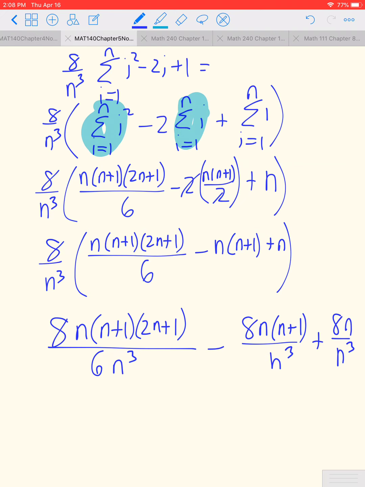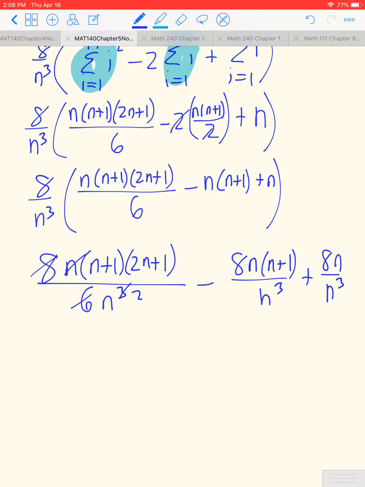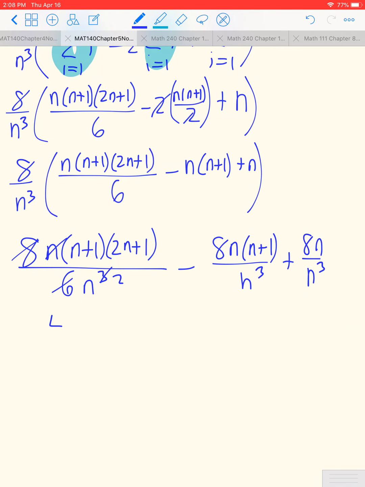If we simplify this, here's what's going to happen. You can cancel an n here and here, so that'll leave us an n squared in the denominator. A 2 can go into both of those. 2 goes into 8 4 times, goes into 6 3 times. So that's going to leave us with a 4 over 3. We're still going to have an n squared in the denominator. And then our numerator, if I expand n plus 1 times 2n plus 1, that should give us 2n squared plus n plus 2n, which would be plus 3n, plus 1.